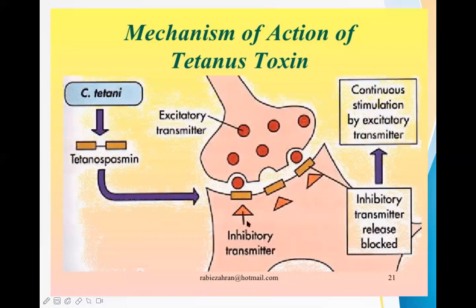There it blocks the release of inhibitory neurotransmitter. So only excitatory neurotransmitter is left behind, which can cause uncontrolled muscle spasm. Never forget this. There is continuous stimulation by excitatory neurotransmitter, and inhibitory neurotransmitter release is blocked. So there is a clear-cut imbalance. This is the pathogenesis of tetanus.